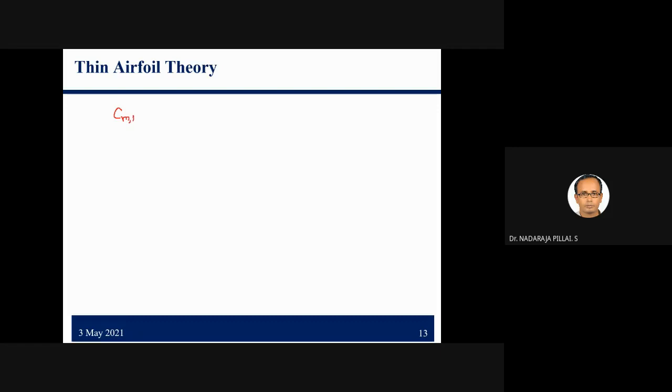Coefficient of moment about the leading edge is equal to moment about the leading edge by q infinity c square, because S is equal to c into 1, and hence we can write this is equal to pi alpha by 2, because the moment about the leading edge can be written as minus q infinity c square pi alpha by 2.